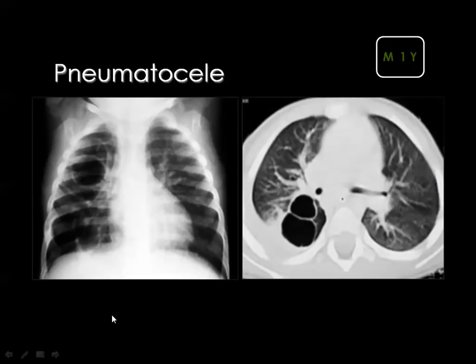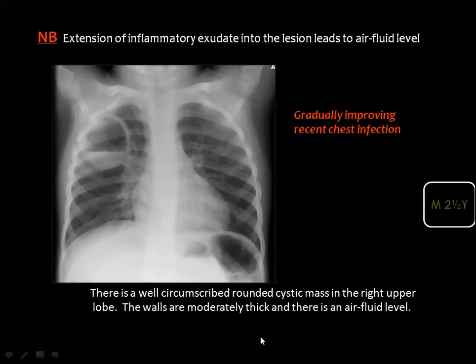And this is also a case of multiple pneumatoceles in the right lung with a thin margin and air content. Sometimes, whenever the infection spreads to the lesion, there may be an air fluid level. And you remember that an air fluid level in a cavitary lesion in the chest is highly suggestive of an abscess.